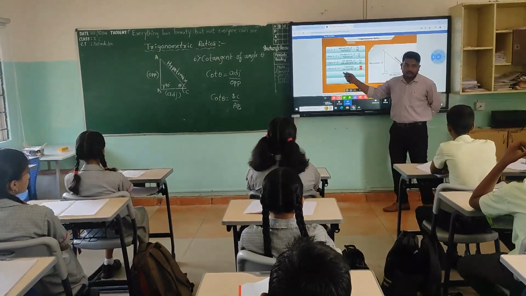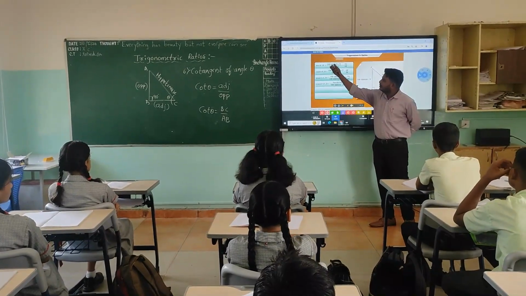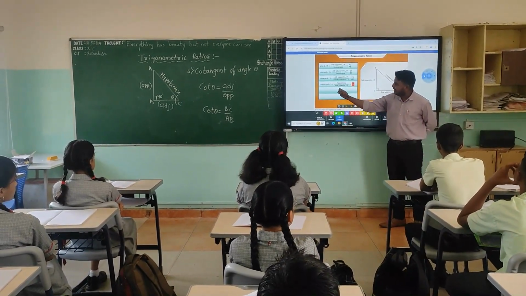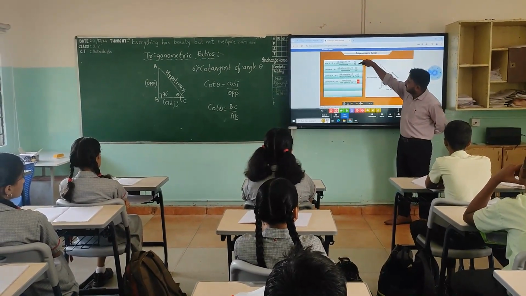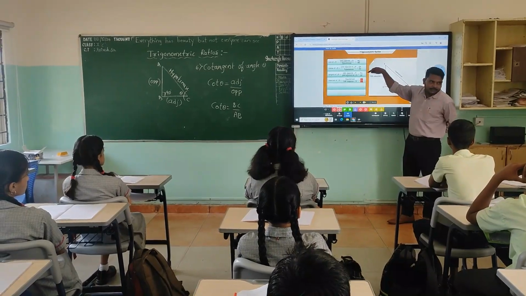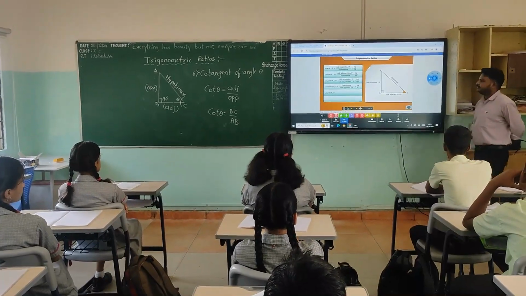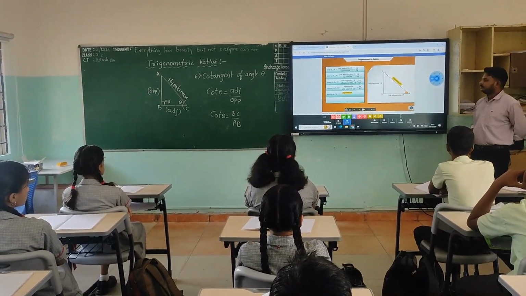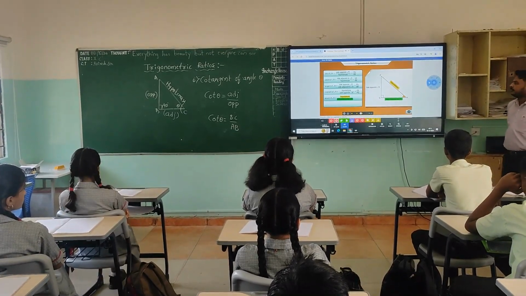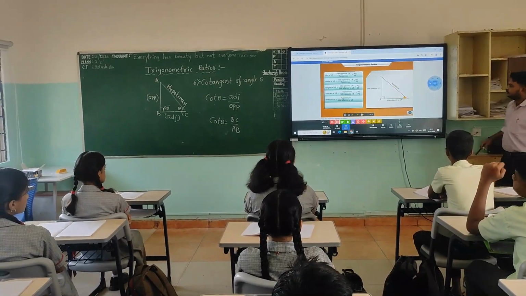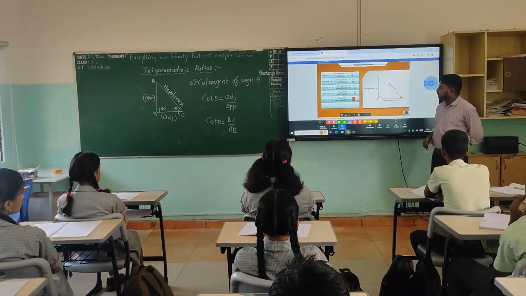Next, the fourth ratio. Cosecant of angle R is equal to the hypotenuse divided by the side opposite angle R. So cosecant of angle R is PR upon PQ. Cosecant is the reciprocal of sine. Sine is opposite by hypotenuse, whereas cosecant is hypotenuse by opposite, just the reverse. Here PQ by PR, there PR by PQ. Next, secant of angle R is equal to the hypotenuse divided by the side adjacent to angle R. So secant of angle R is PR upon QR.